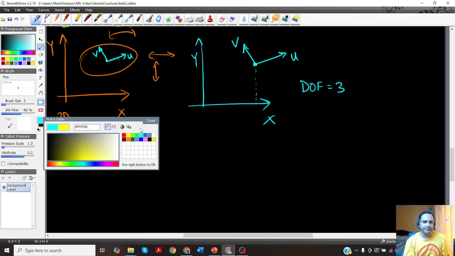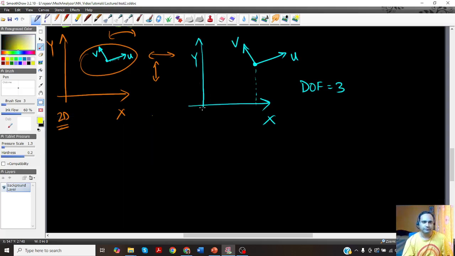So let's see. Sorry, that is not required, sorry for that. What I'll do is basically draw a line parallel to the x-axis. If I call this O and this, let's say, D, there's a vector here.